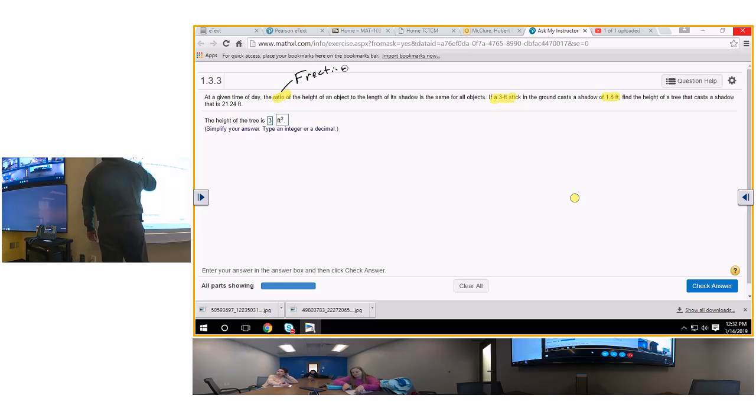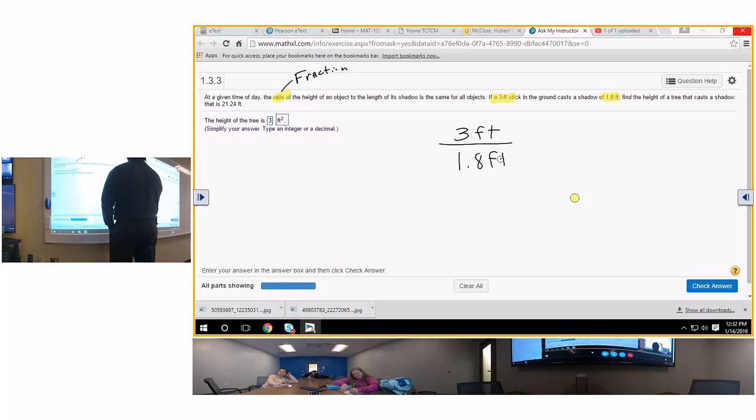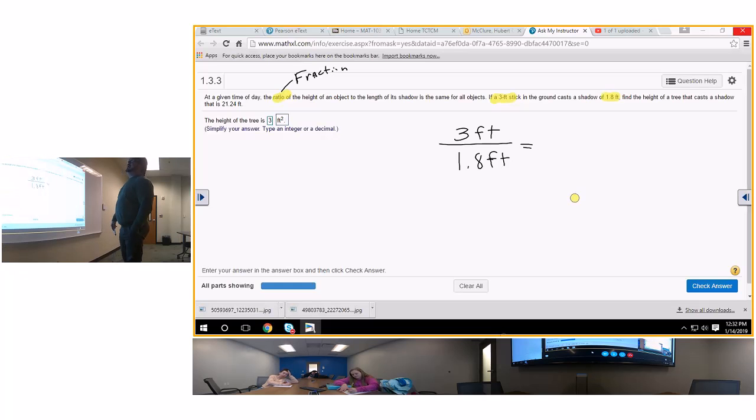The first thing you're going to do is say 3 foot is to 1.8 foot. Okay? Equals, and then you're going to say, okay, 21.24 foot.